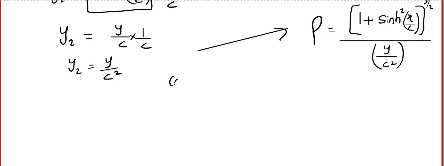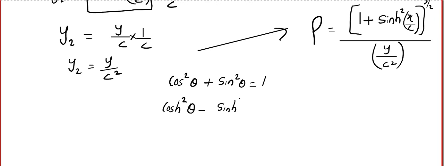In trigonometry, we have the formula cos square theta plus sin square theta is equal to 1. But in hyperbolic, the formula is cosh square theta minus sinh square theta is equal to 1.